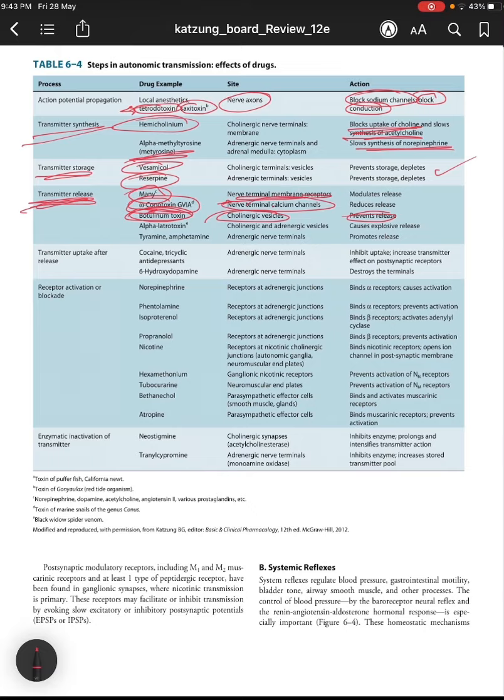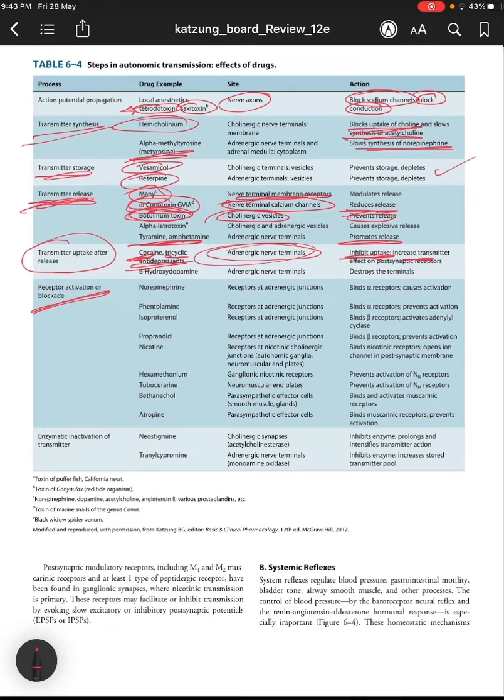Conotoxin, C in the name, blocks nerve terminal calcium channels and reduces the release. Okay. So we have tyramine and amphetamine, which promote the release. Next, coming to transmitter uptake after release, we have cocaine and tricyclic antidepressants, which act at the adrenergic nerve terminals and inhibit the uptake and increase the neurotransmitter effect on postsynaptic receptors. So they inhibit the uptake and increase the effect.